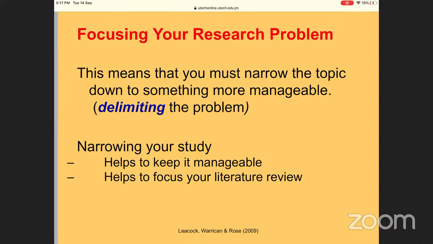People go big and then they go small. You have to keep it manageable, and there should be some idea that it's a problem in research.